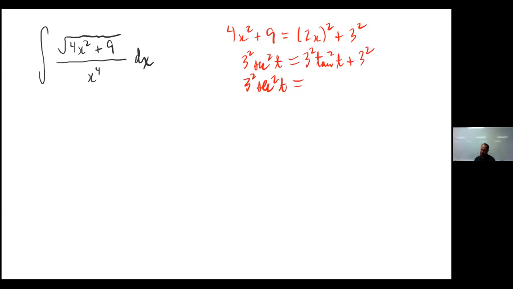Could you write it as 2 squared times 3/2 squared? Well, I'm even a couple steps behind you. So I'm writing this as just 3 tangent of t squared plus 3 squared. You guys are way ahead of me.